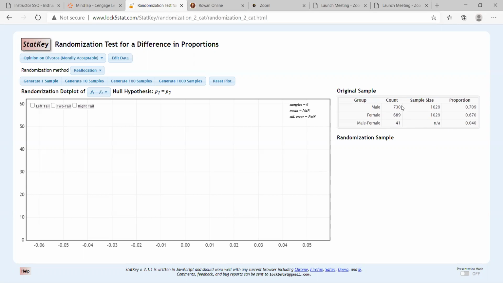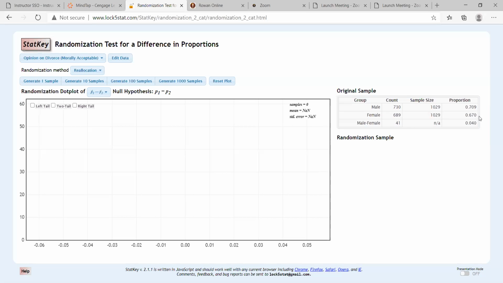All right, now, if you took 730 of the males out of 1,029 total males, the 730 said yes, morally acceptable divorce. You divide these two numbers, you get 0.709 as the proportion of males who find divorce morally acceptable. For females in the sample, 689 out of the 1,029 of them. If you divide those two numbers, it's 0.67.